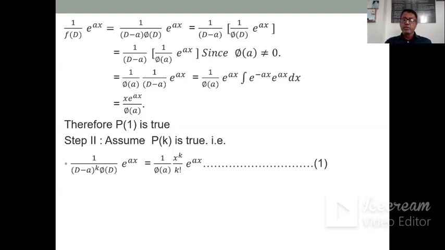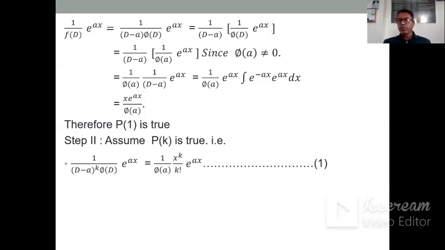Now here, this is our assumption. Pk is true means what? In that PR statement, if we choose r as k, then this is true. Means 1 upon (D minus a) to the power k into phi of D operate on e to the power ax is equal to x to the power k e to the power ax upon k factorial into phi of a.